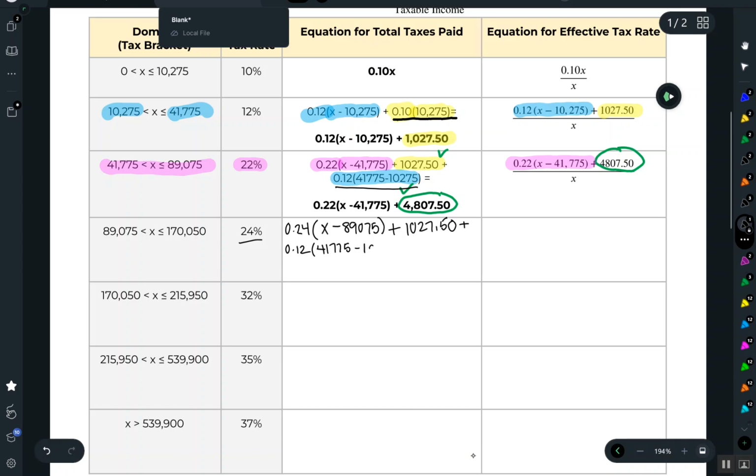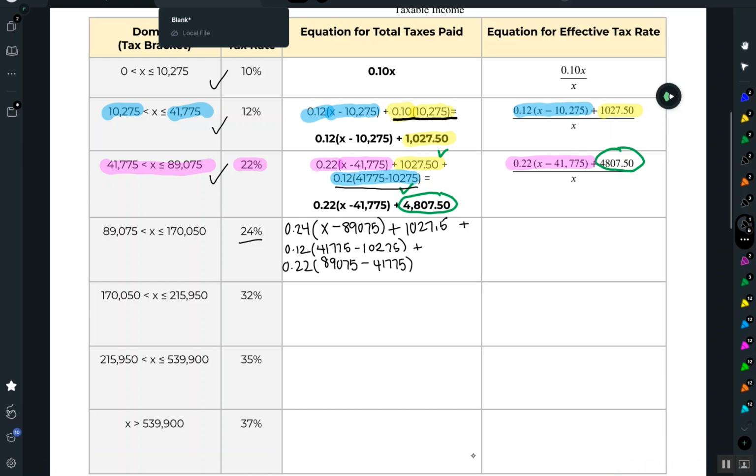which I suppose we could just calculate. Plus, we need to now do the previous bracket, the 22%. So then we know that we filled up all three of these brackets. So 22% times the whole bracket: 89,075 minus 41,775.